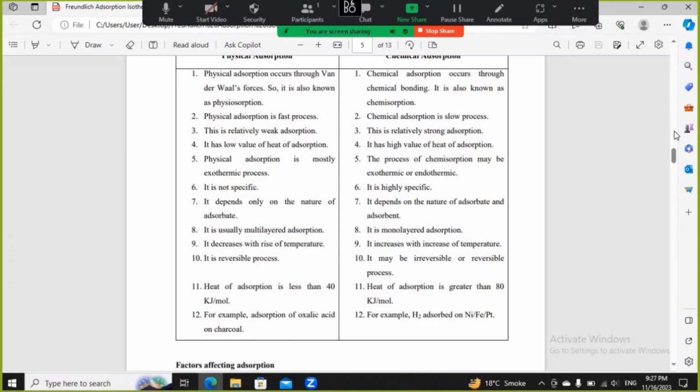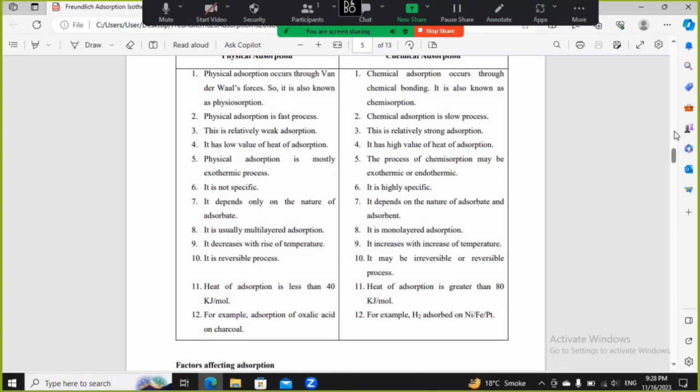Physical adsorption depends only on the nature of adsorbate, while chemical adsorption depends on the nature of both adsorbate and adsorbent. Physical adsorption is usually multi-layered adsorption, while chemical adsorption is monolayered. Physical adsorption decreases with rise of temperature, while chemical adsorption increases with increase of temperature. Physical adsorption is a reversible process, while chemical adsorption may be reversible or irreversible.